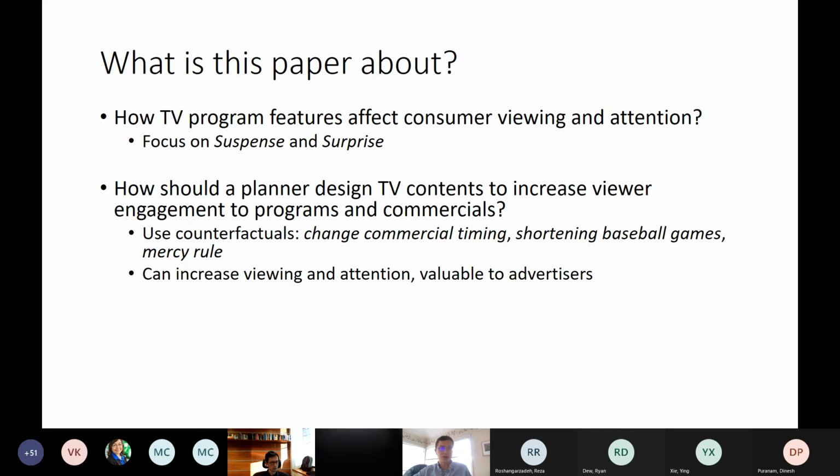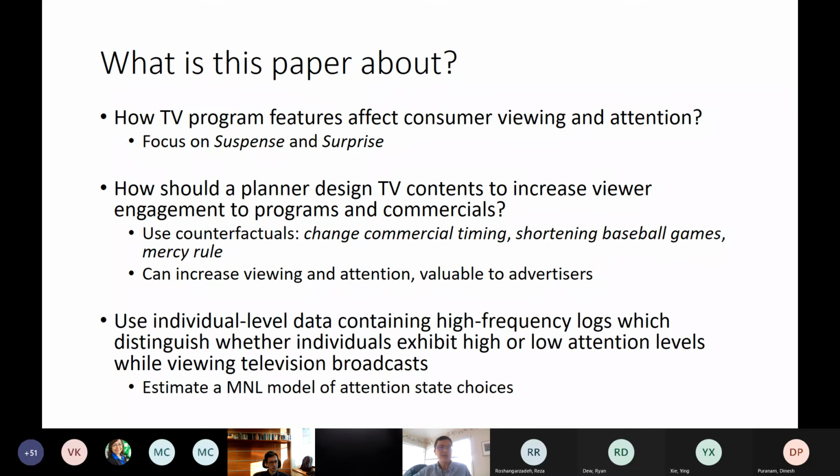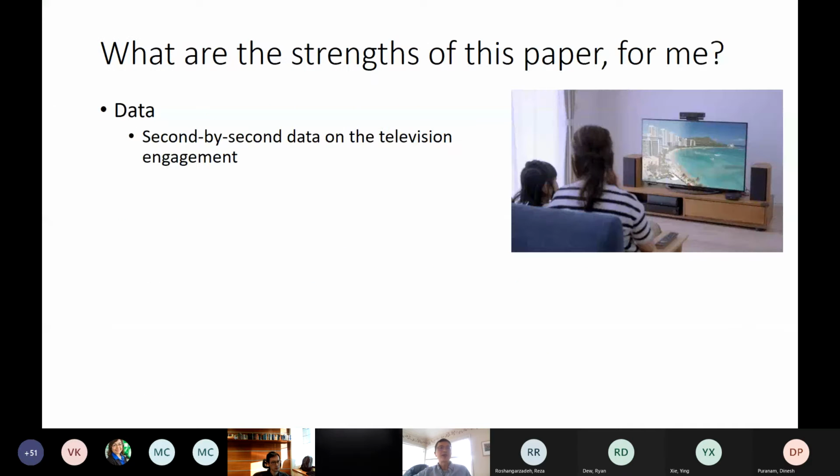So this could be very valuable to advertisers. To answer the two research questions, they use individual data containing high frequency logs, which they use to measure high or low attention, and then they estimate a multinomial logit model of attention state choice.